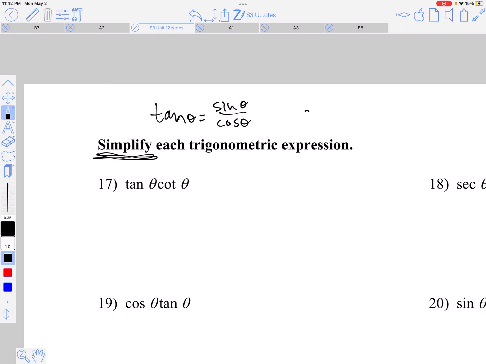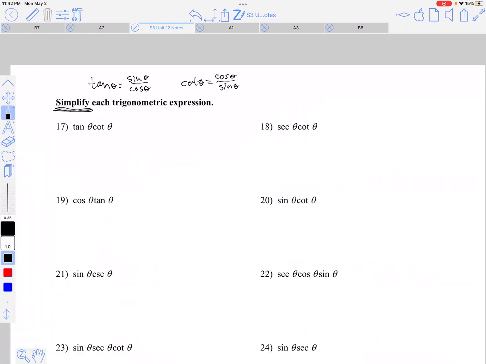We also learned that cotangent, since it's the reciprocal of tangent, will be cosine theta over sine theta. And we learned that sine is the same as 1 over cosecant because of the reciprocals, and cosine will be the same as 1 over secant theta.